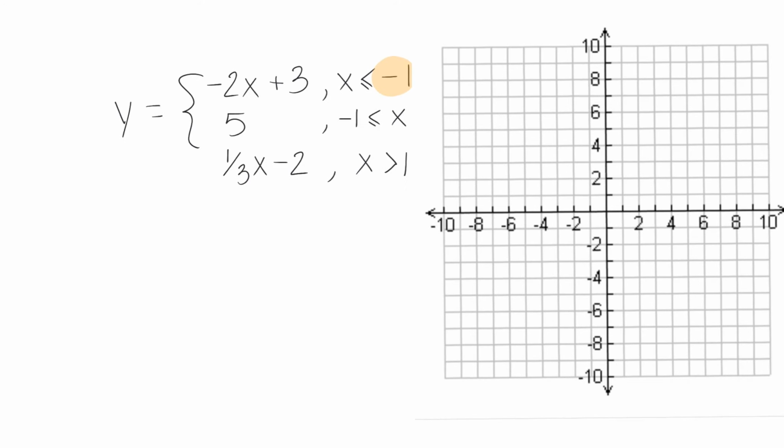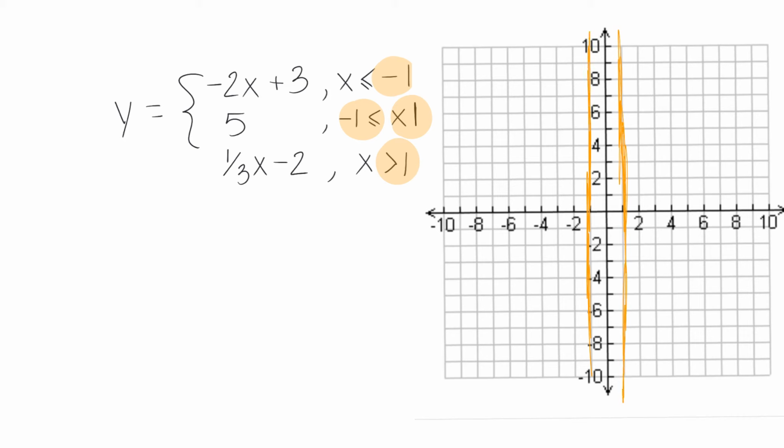There's a 1 right here. And 1 is a hot spot, right? So these seem to kind of be important points. So I'm going to draw myself some lines at -1 and 1. They're just invisible lines, but I know that things are going to change.